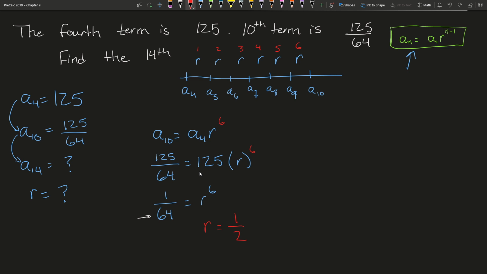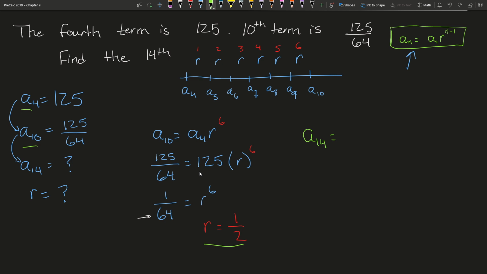And again, whatever way you're comfortable solving that, this part can be a little bit confusing as well. But any way that you know how, you can solve that. And from there, really our problem is mostly finished. Because once we have r, and we have some term before the 14th term, we can solve for that number. Okay, so if we're trying to solve for A14, we can use any of these values and the new value that we just found in order to get there.